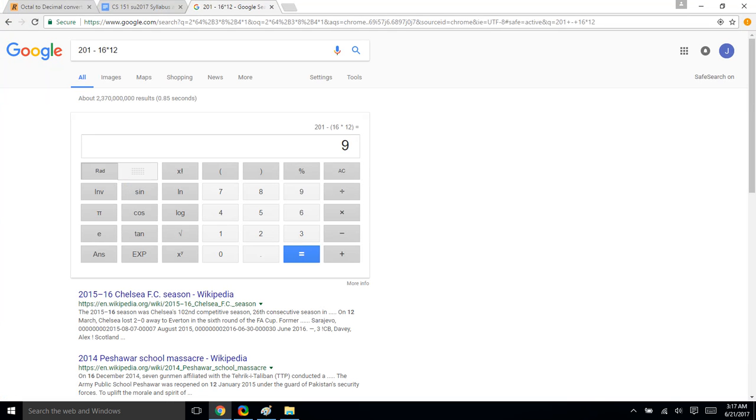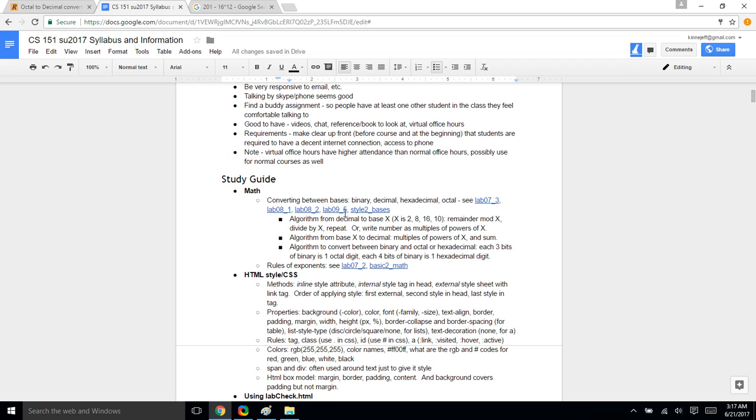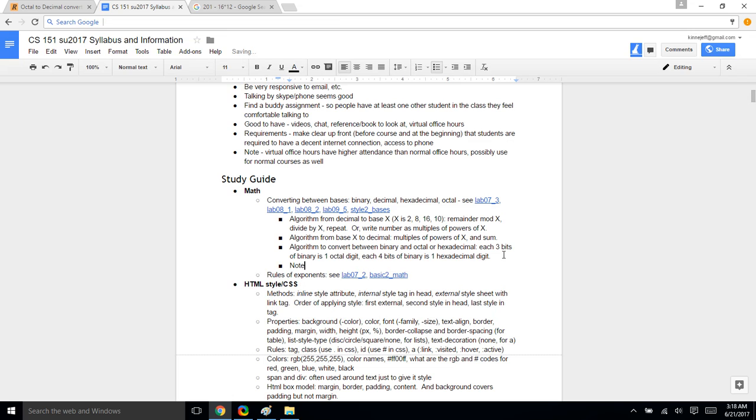Alright, so now we have our algorithms for converting from decimal to these bases. Note, if you like binary the best, then you can convert always to binary.